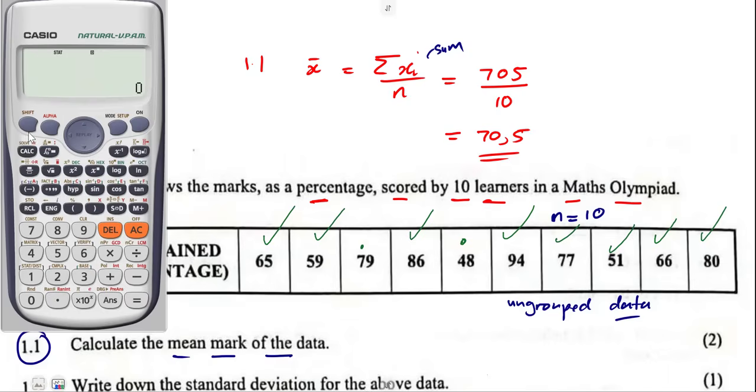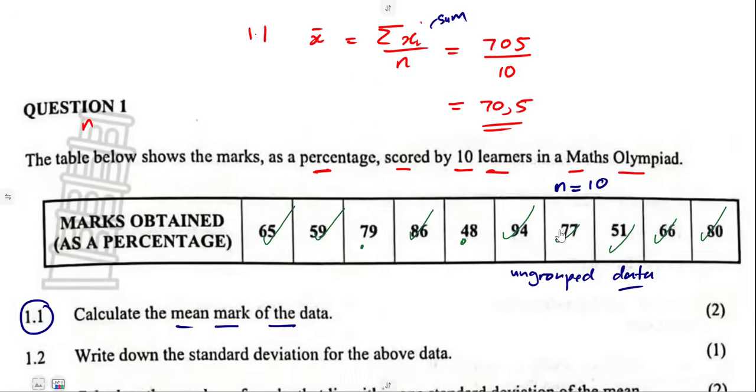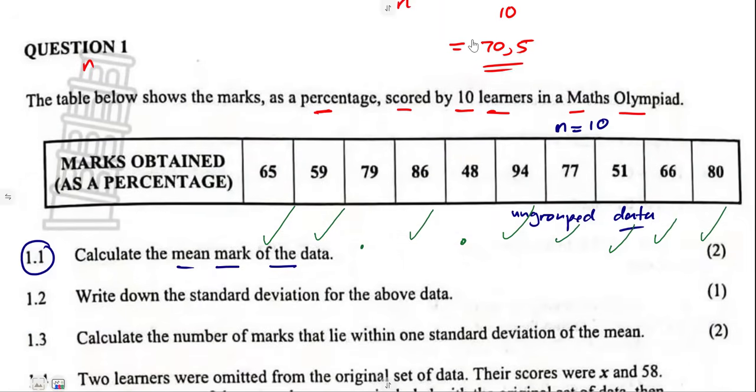Let's see. That's shift 1 and number 4, then 2, which is equal to 70.5. So just make sure when inserting the values into your calculator that you are very careful. This is a consideration you must make before you determine or state the standard deviation.